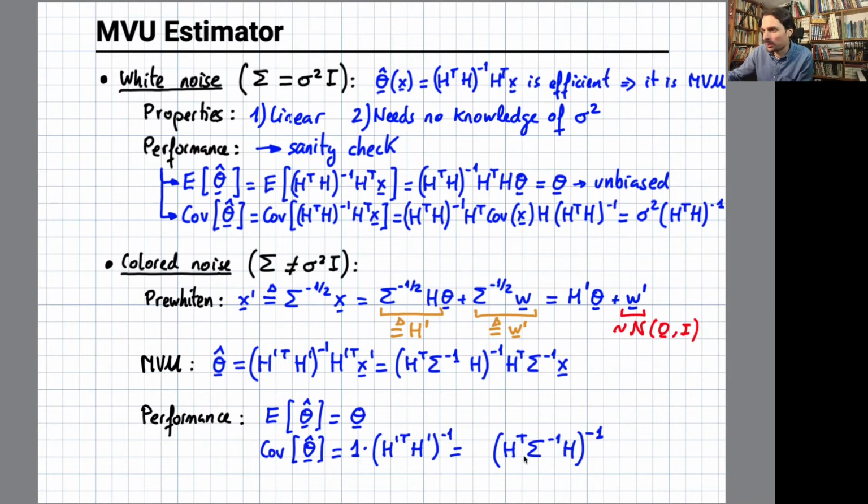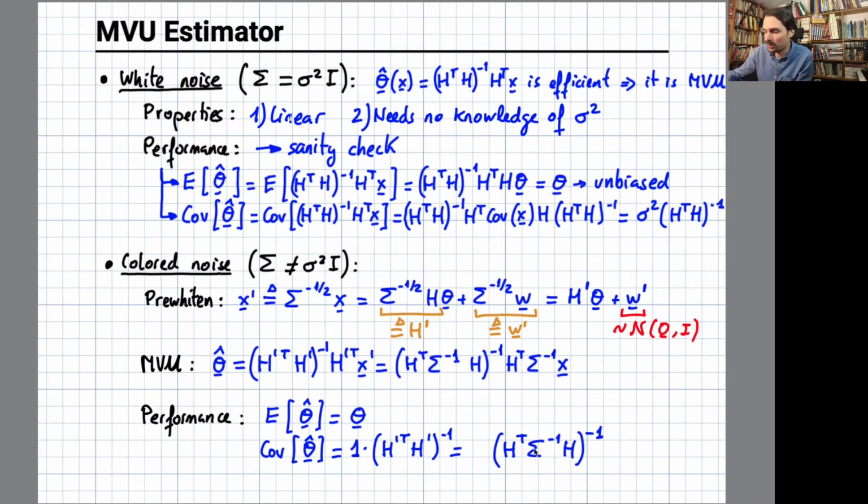So you see that it indeed generalizes this. This is something that we should always check. If we set sigma to be precisely sigma square I, we recover the expressions here.